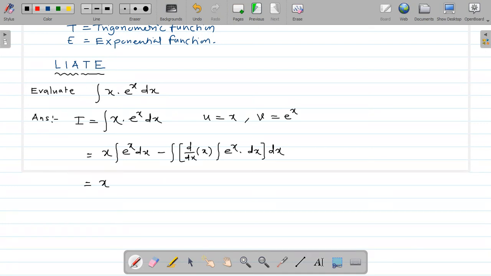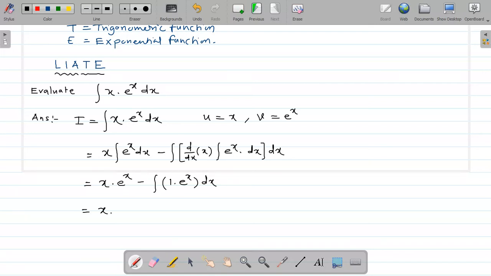Now complete the answer here. So x as it is. Now integration of e raised to x, we know that it is e raised to x, minus this integration as it is. Now into bracket, what happens? Here d by dx of x is 1 into integration of e raised to x is again e raised to x. So we get the term in bracket, it is e raised to x, and we have to take again the integration of that term also.